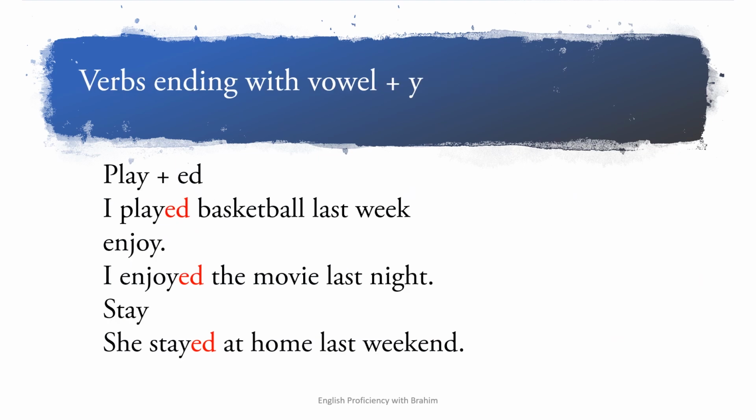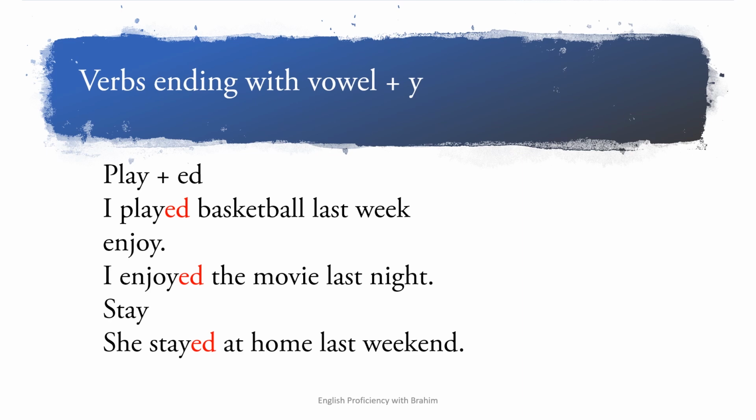Now we move to some verbs ending with a vowel plus y. So we have to be very careful here because things are starting to get complicated. But if we just pay attention a little bit, there will be no problem. So look at play. We have A and Y. So we have vowel A plus Y. With these verbs, especially regular verbs, we just add ed.